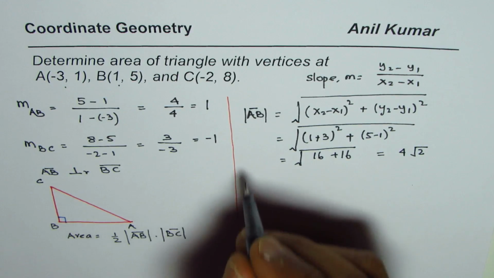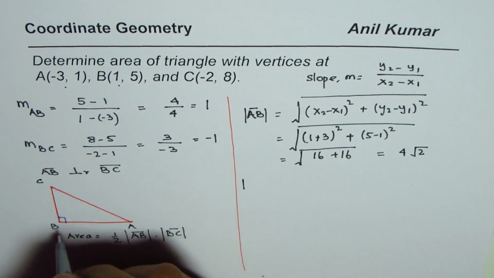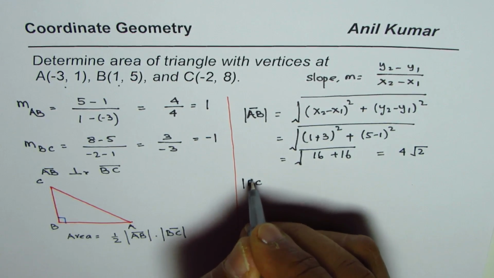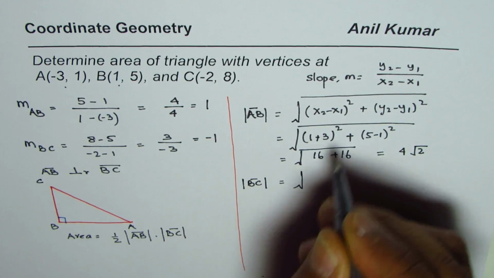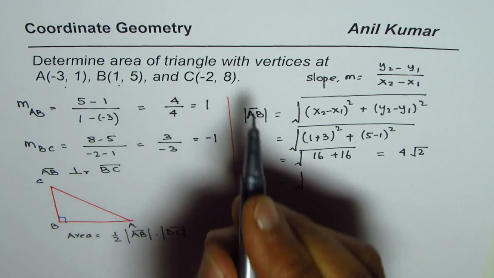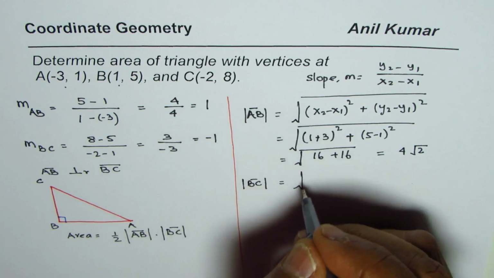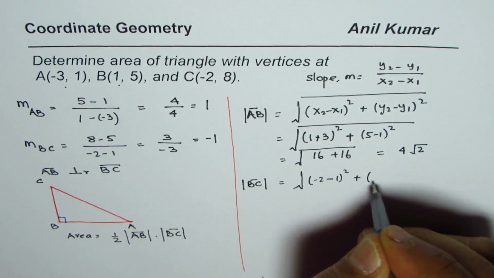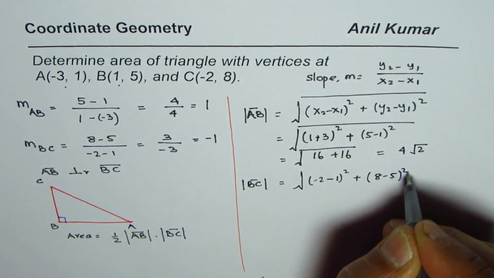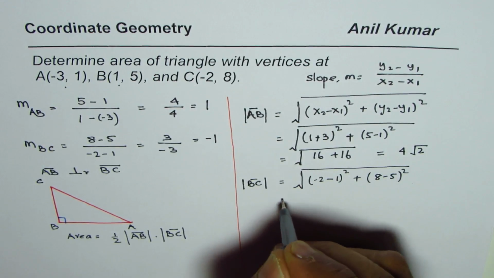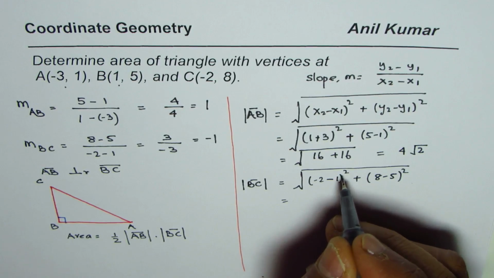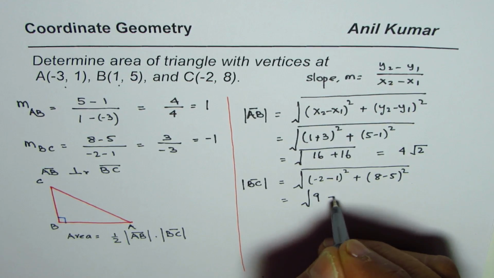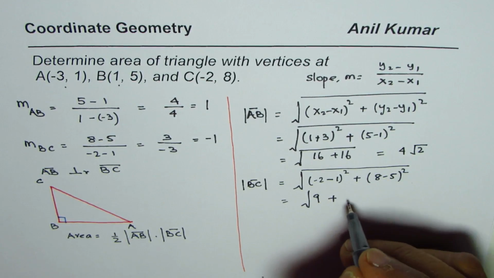Now let's find the magnitude or the length of BC. BC will use the same formula, B to C: the square root of (-2 minus 1) squared plus (8 minus 5) squared. That is -3 squared is 9, plus 3 squared is again 9.